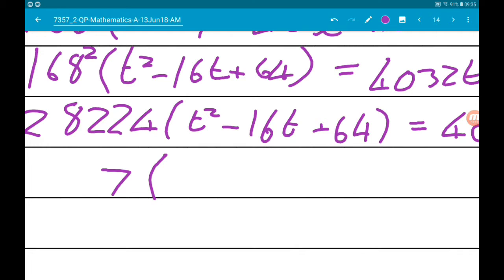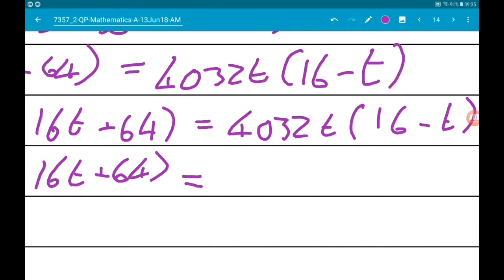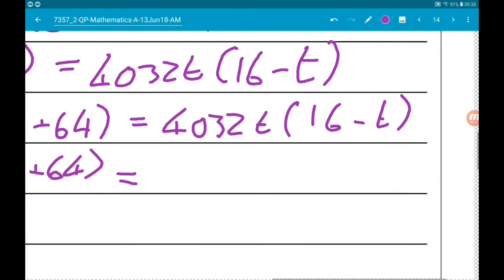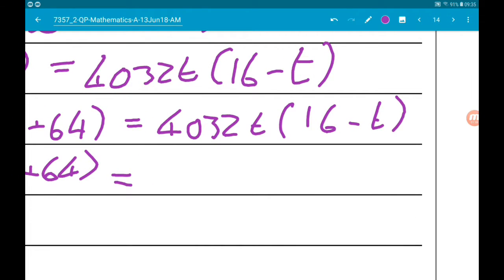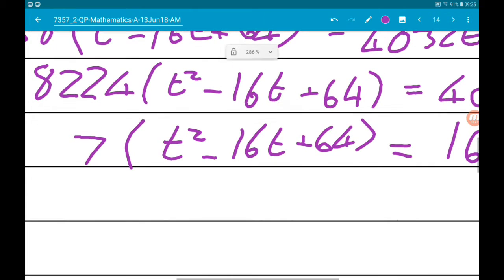So we now have 7 lots of t squared minus 16t, add 64, is equal to t lots. In fact, let's expand it out. t times 16 is 16t. t times minus t is minus t squared. Starting to look a bit more manageable. Let's expand this.